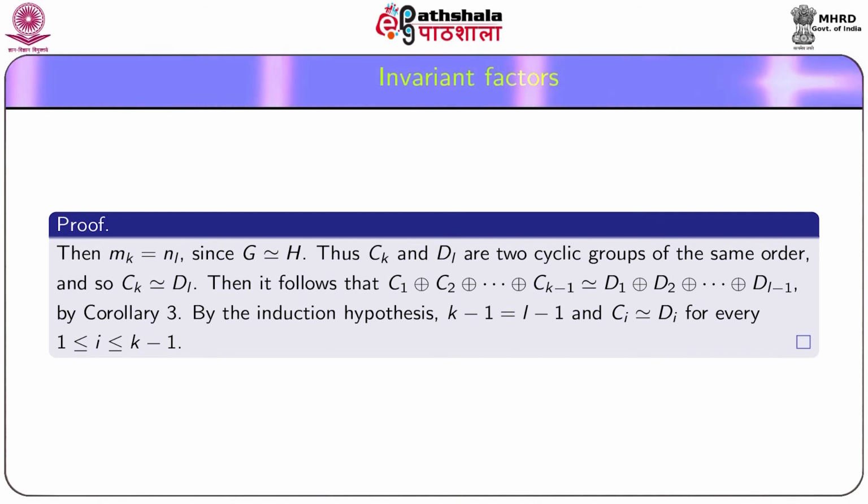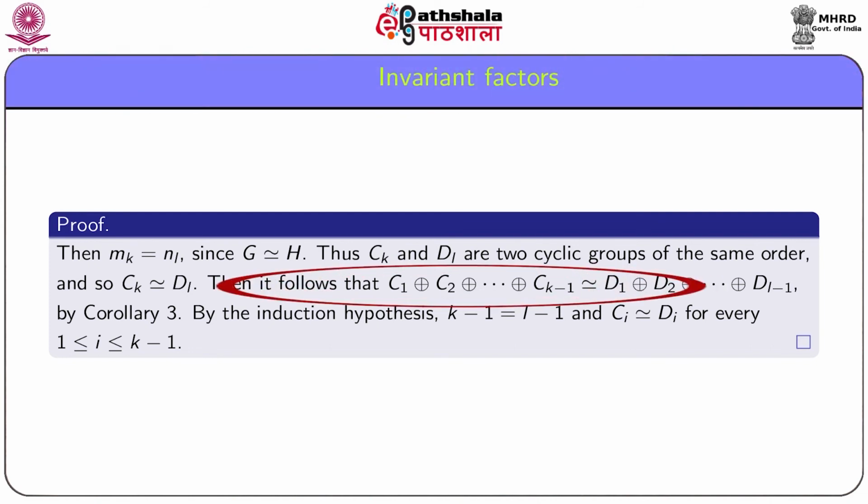Then it follows that C1 direct sum C2 direct sum up to direct sum Ck minus 1 is isomorphic to D1 direct sum D2 direct sum so on direct sum DL minus 1. Then by the induction hypothesis, k minus 1 is equal to l minus 1 and Ci is isomorphic to Di for every 1 less than or equal to i less than or equal to k minus 1.